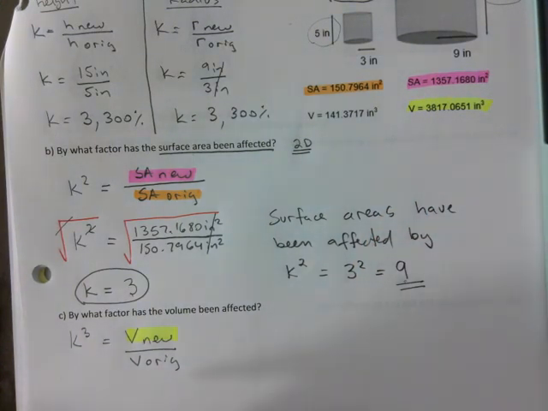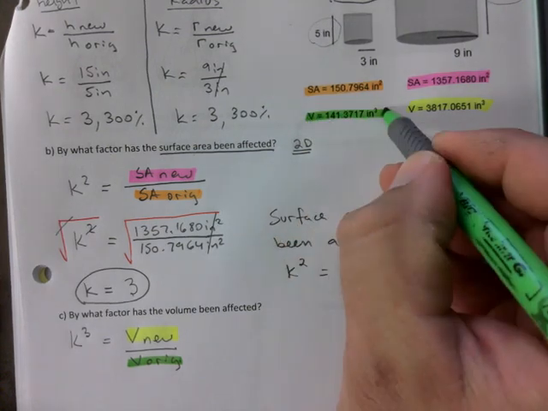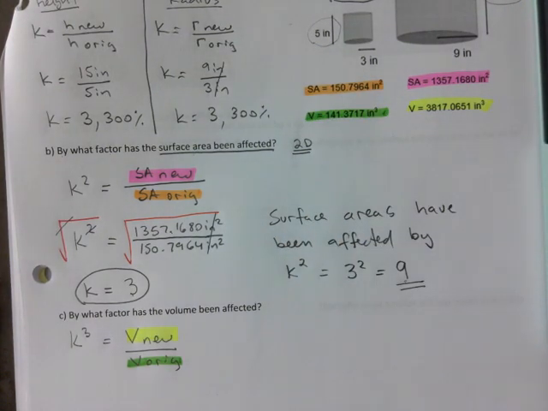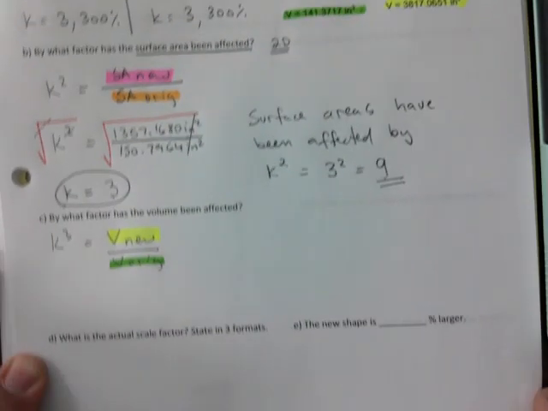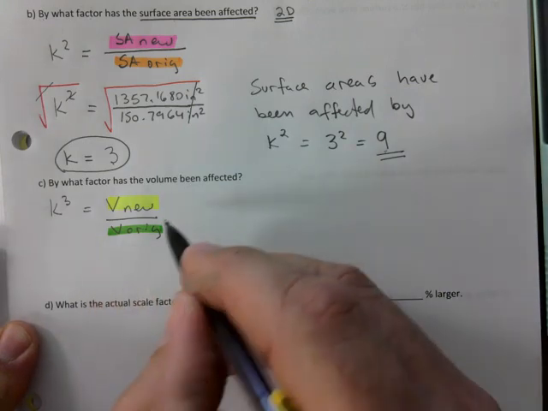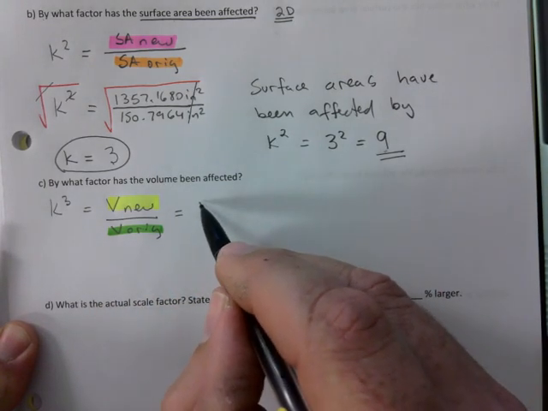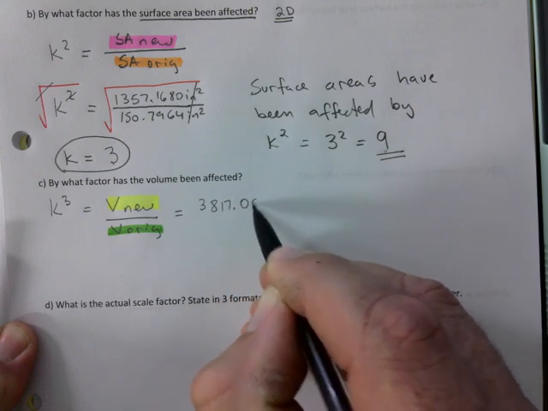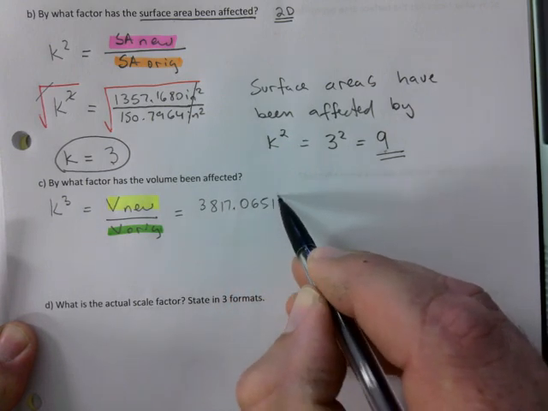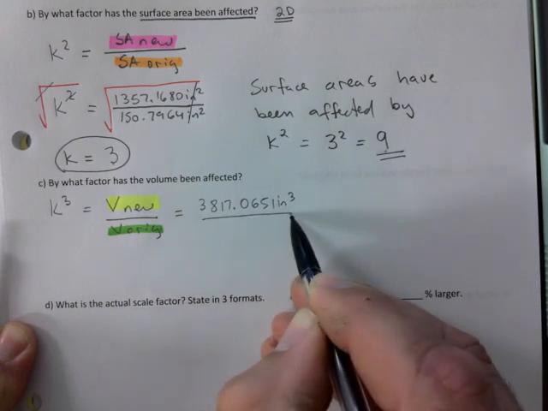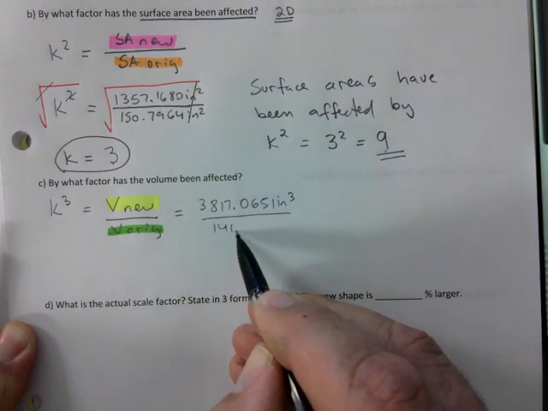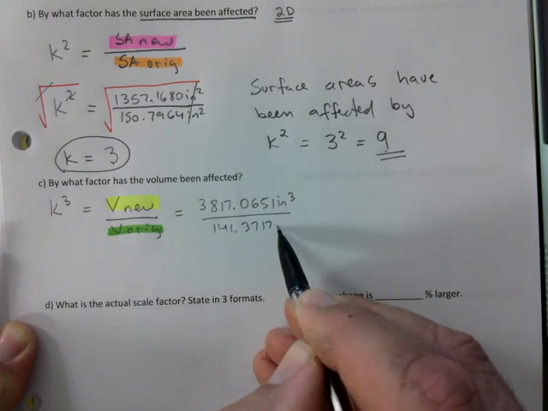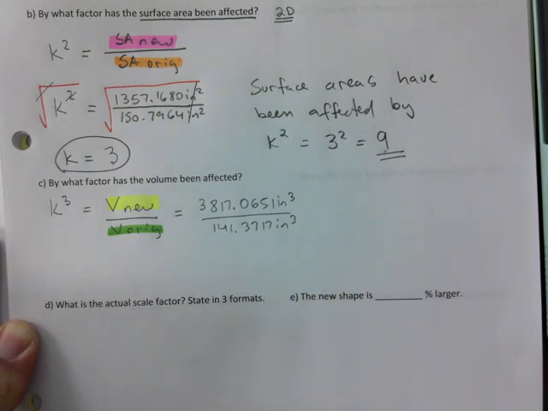And the original, I'm going to use green right there. So let me just do it on the side here. That's 3817.0651 cubic inches divided by 141.3717 cubic inches.